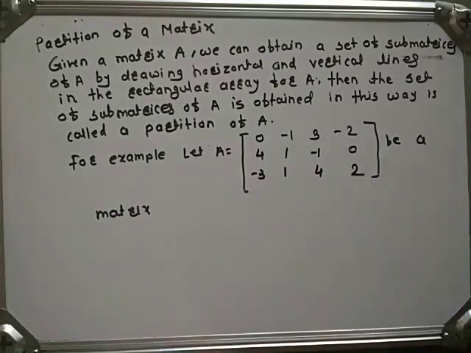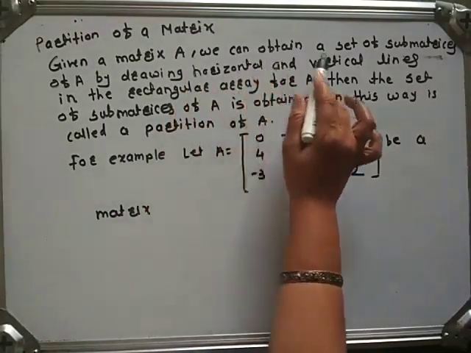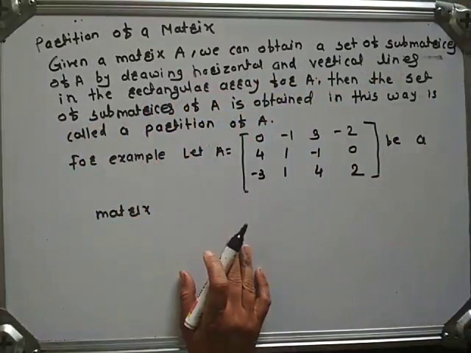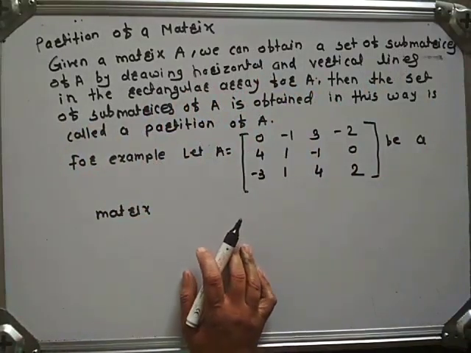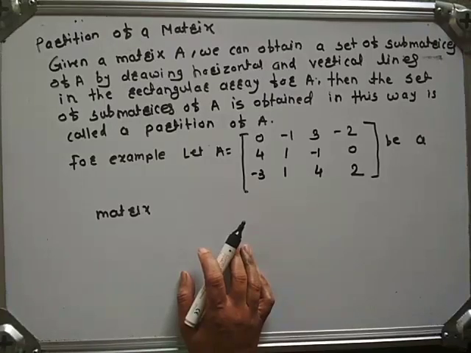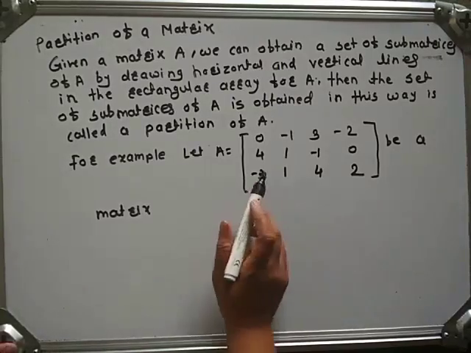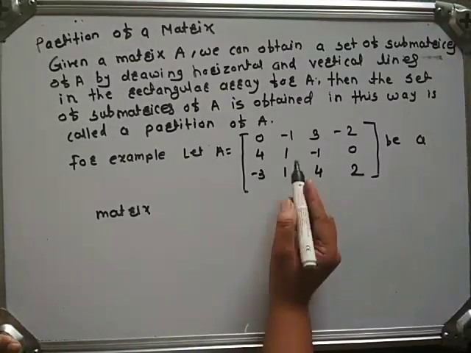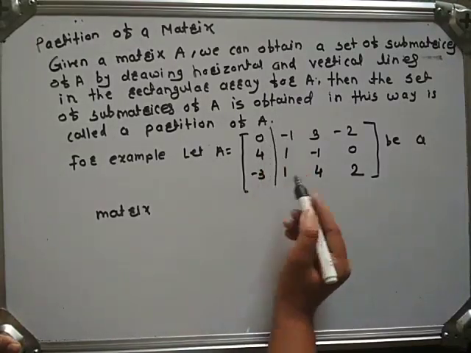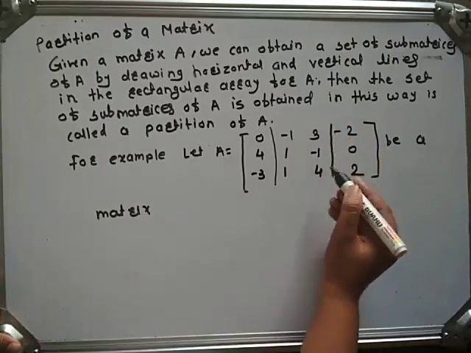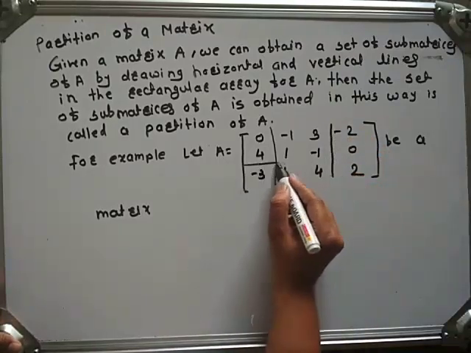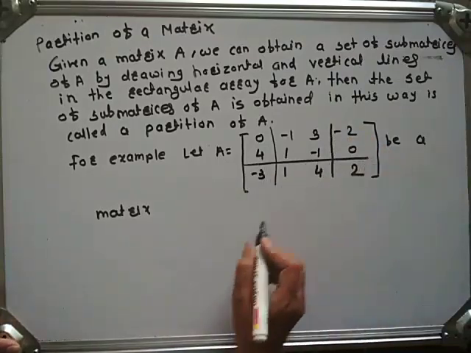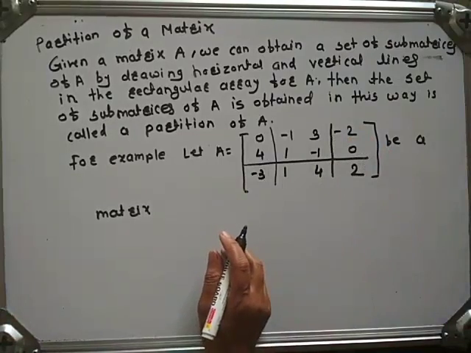See here, given matrix A, we can obtain a set of submatrices of A by drawing horizontal and vertical lines in the rectangular array. So see here, I have taken this matrix. Suppose I draw these two vertical lines and this one horizontal line to get submatrices.